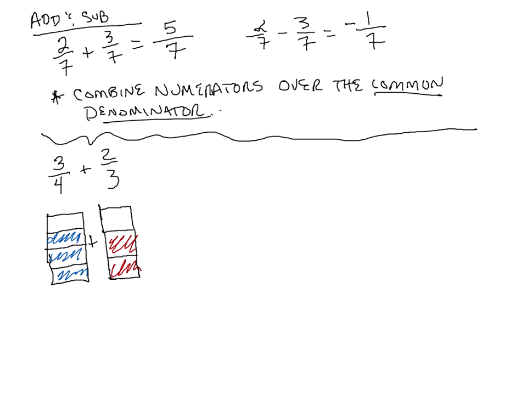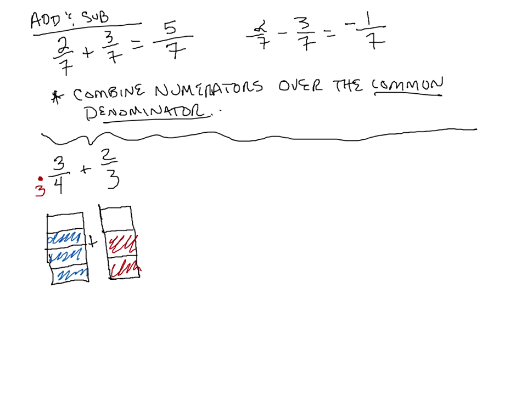So then you've got to decide, okay, what do I need to multiply each of these denominators by to make it 12? Well, with the first one, you would need to multiply by 3. Once again, though, you can't go around and multiply by 3 whenever you feel like it, because that changes things.